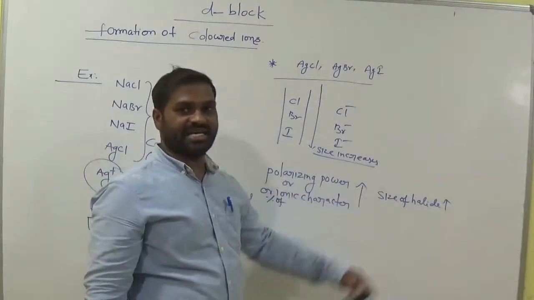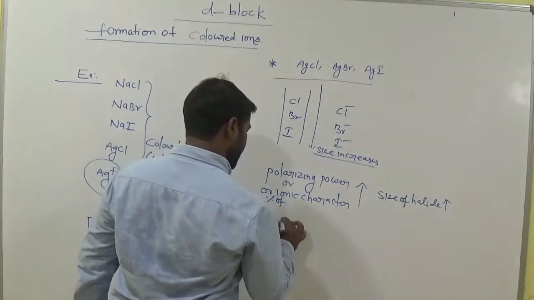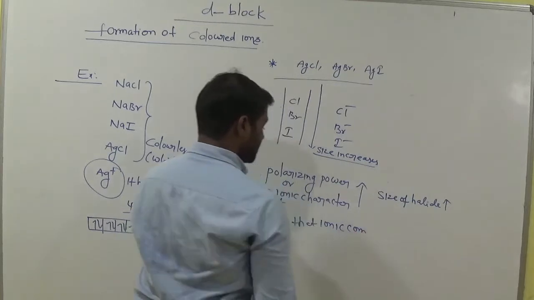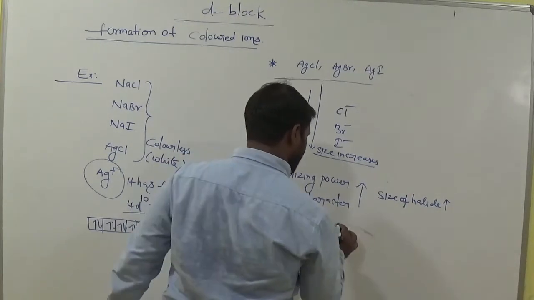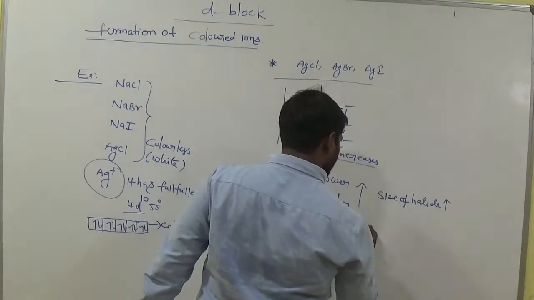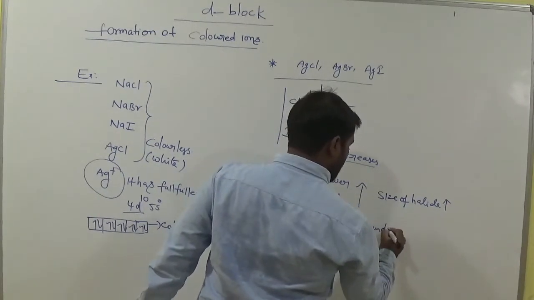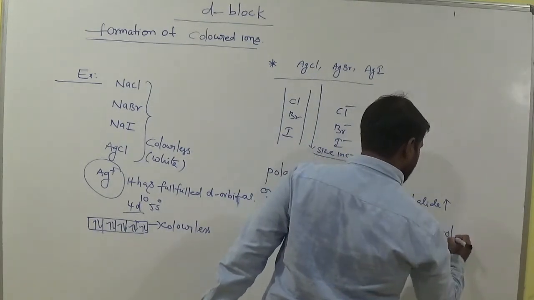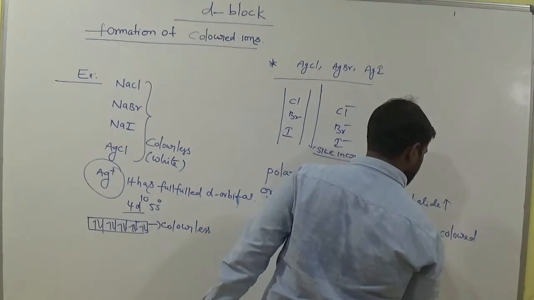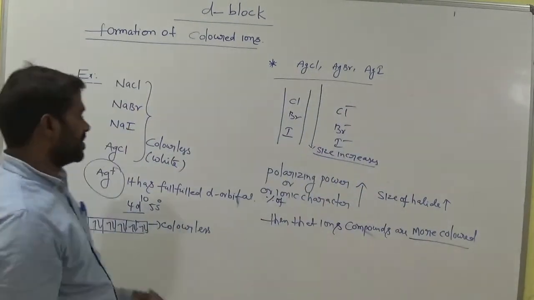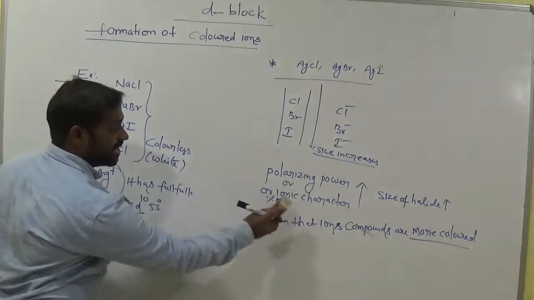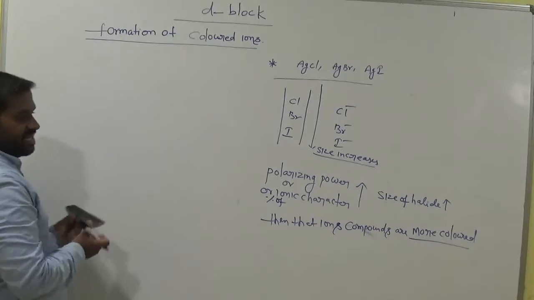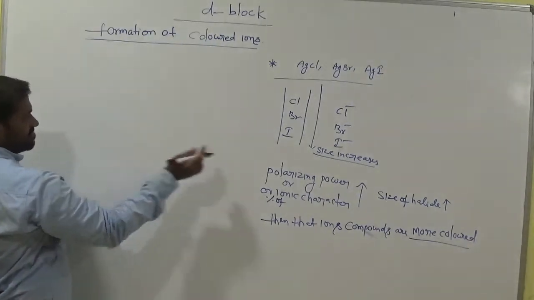When it increases, those ionic compounds exhibit more color. Polarizing means it can easily develop charges as ions. Okay. Let's see.